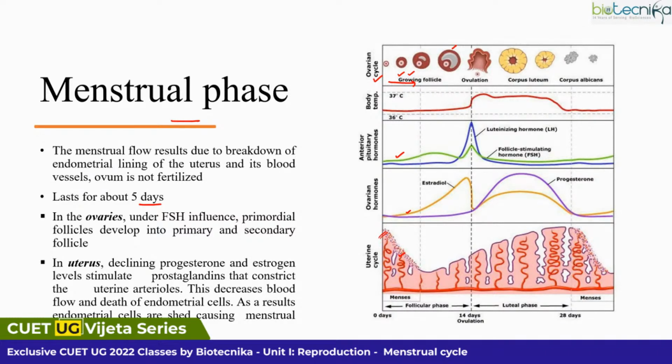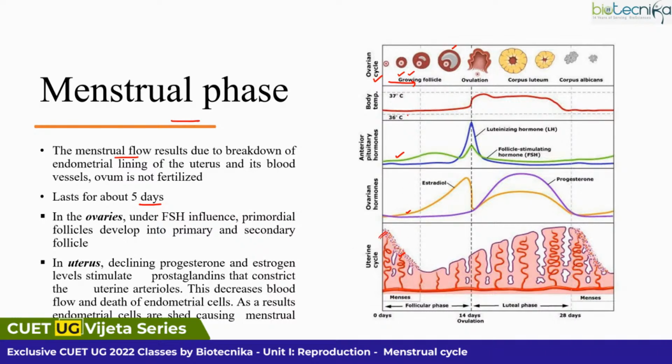But now, under the influence of prostaglandins, these arterioles will constrict, so the blood flow will decrease. The cells will not receive enough blood, so these cells will die, and that is how the menstrual flow occurs, where the bleeding occurs. Basically, the endometrial cells are shed out.